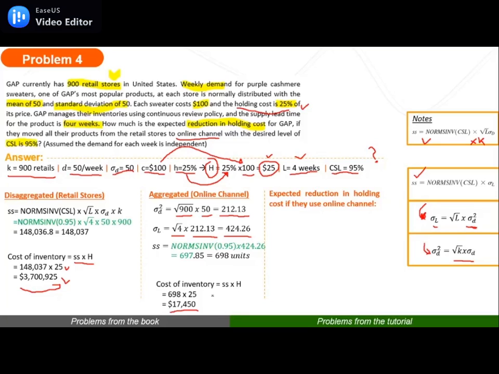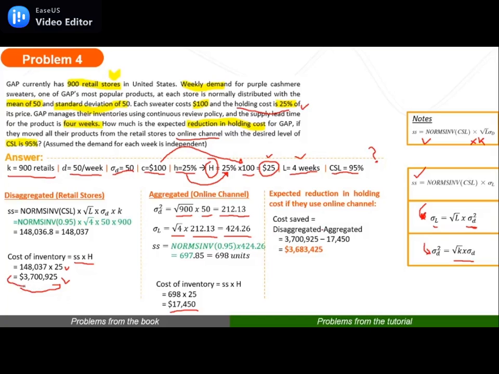So after we get the cost of inventory for both when we use the retail stores, or when we disaggregated, and when we use the online channel, or aggregated, we can compute the expected reduction in holding cost if they use the online channel. Simply just the cost when we disaggregated minus the cost when we aggregated, or use online channel.